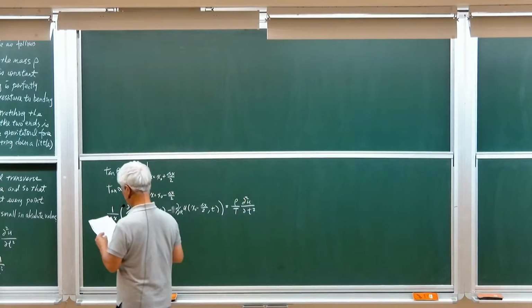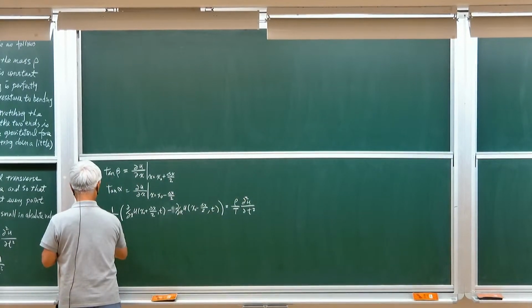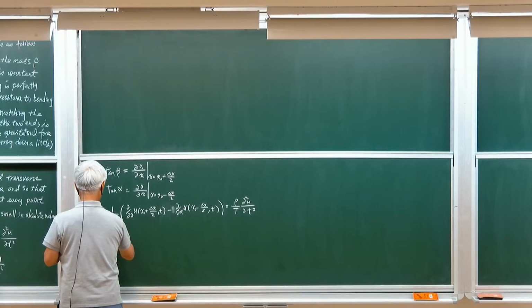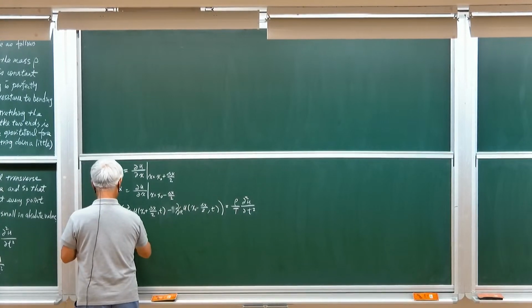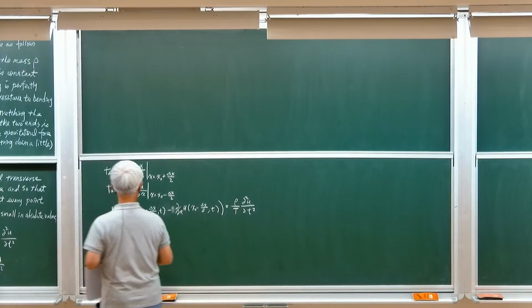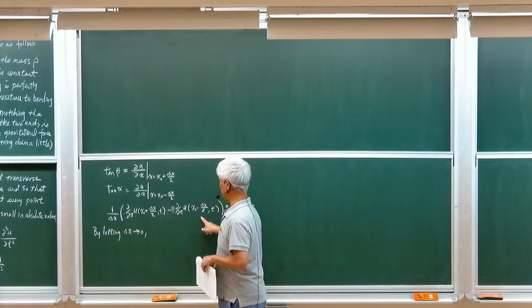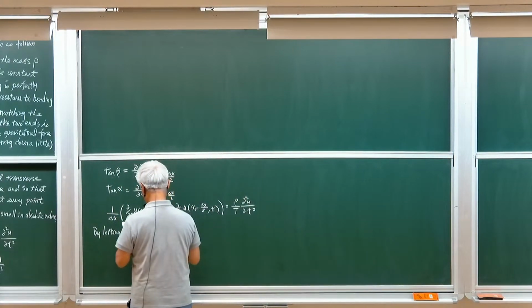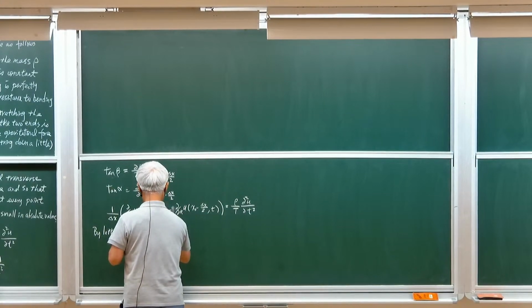Alright, and by letting delta x go to 0, this is actually the second derivative with respect to x.